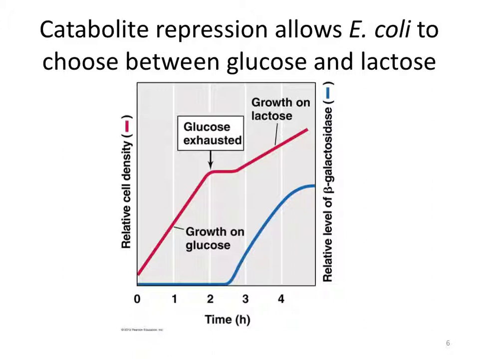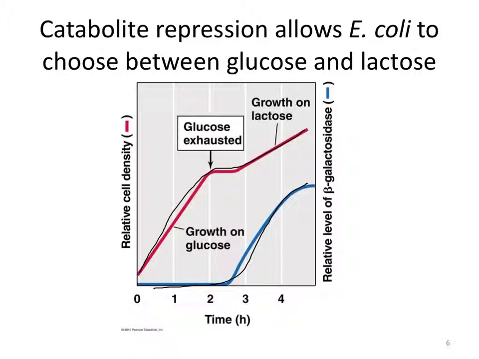This graph shows that choice occurring and the results of the regulatory processes happening at the lac operon. The red line here shows cell growth, and the blue line here shows the level of the enzyme beta-galactosidase, which you get when you express the lacZ gene found within the lac operon.